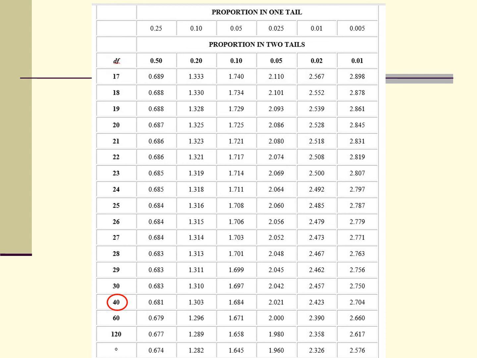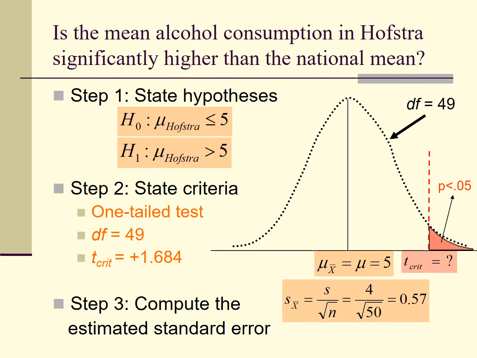Therefore, on the top of the table, you see the proportion in one tail and the proportion in two tails. You should look at alpha under the proportion in one tail, which is 0.05. Therefore, the t-critical score is 1.684. Here we have the t-critical score. It is positive 1.684.